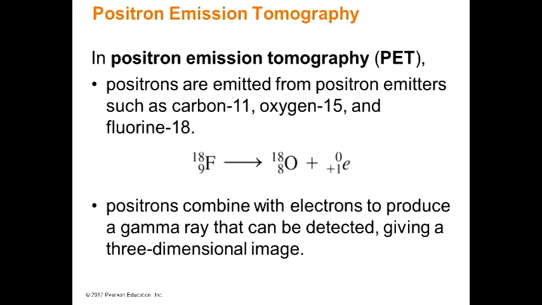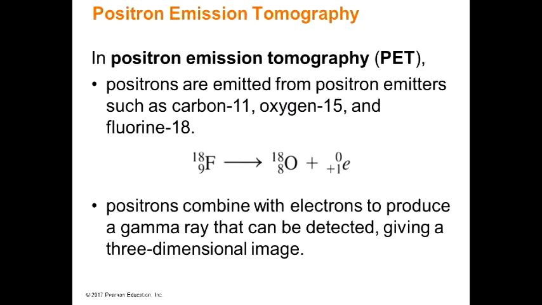Positron emission. Positron emissions come from emitters such as C-11, oxygen-15, and fluorine-18. You know how to do these calculations now, right? We would do these in separate discussions, but it must be balanced. You have fluorine-18, with atomic number 9 on our table. It decays to oxygen. Notice that this decay is to monoatomic oxygen.